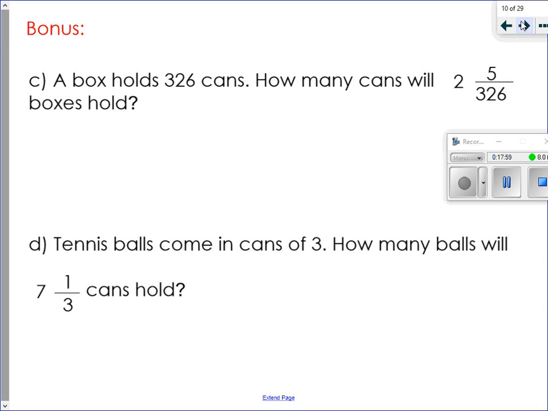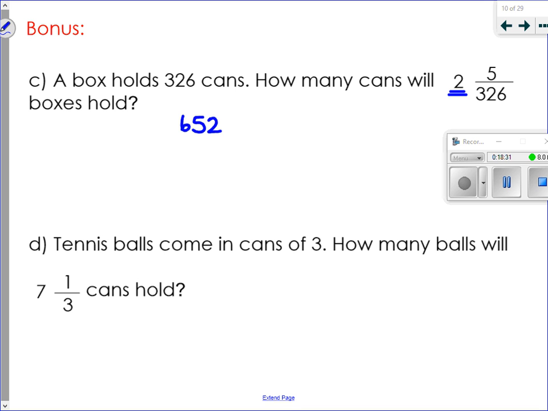A box holds 326 cans. How many cans would we have if we have 2 full boxes and 5 out of the 326 in the third box? Okay, well, if we have a box holding 326 cans and we've got 2 boxes, that's 2 groups of 326. 652.